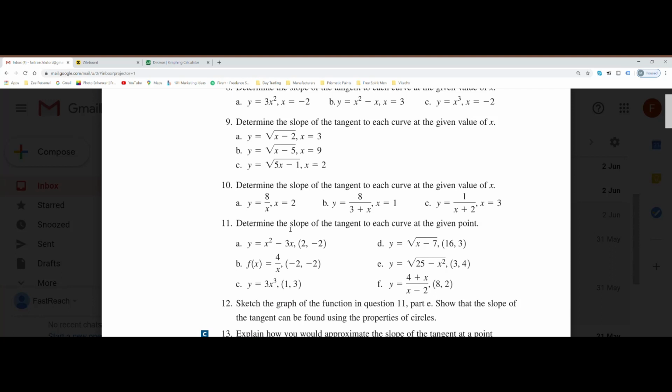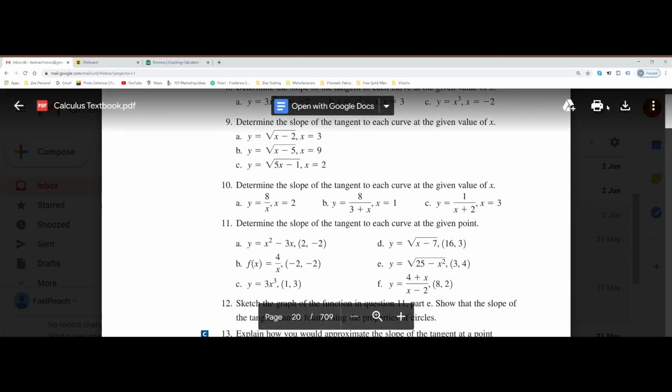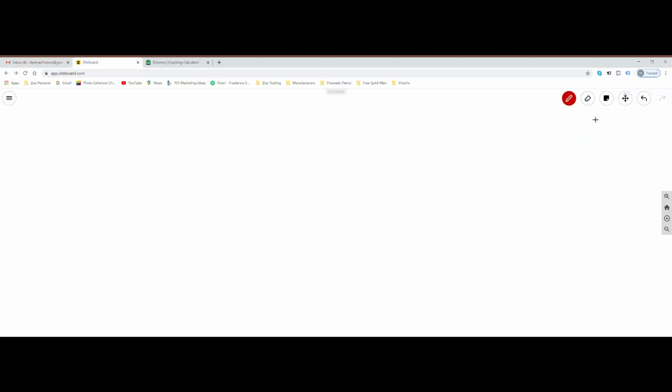So for 11a, y equals x squared minus 3x, 2, minus 2.